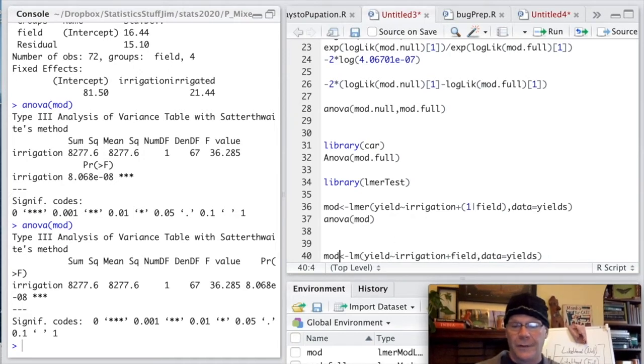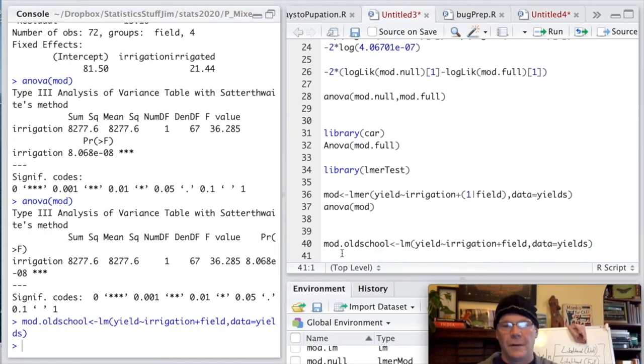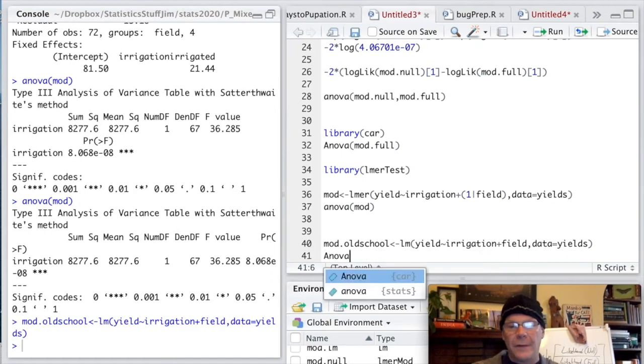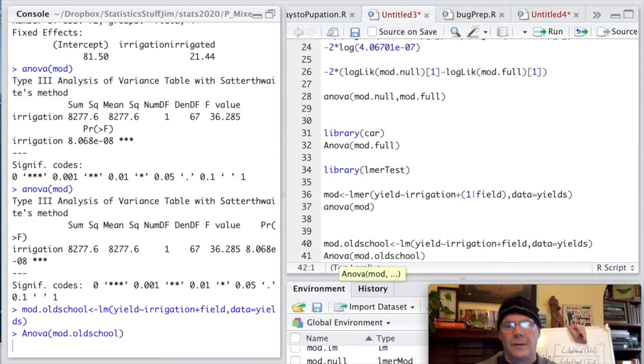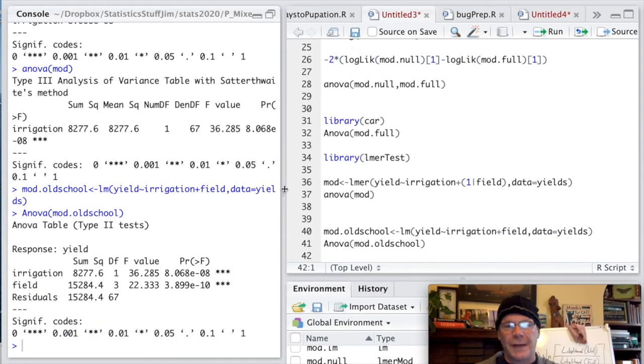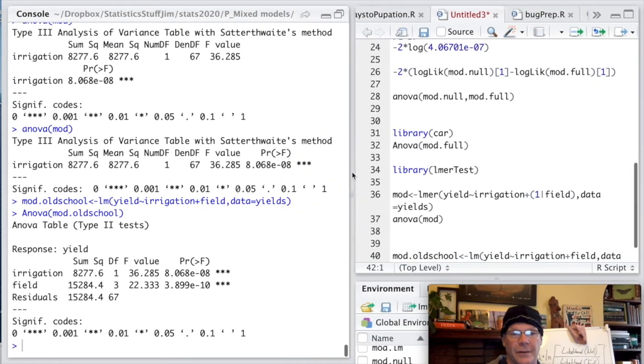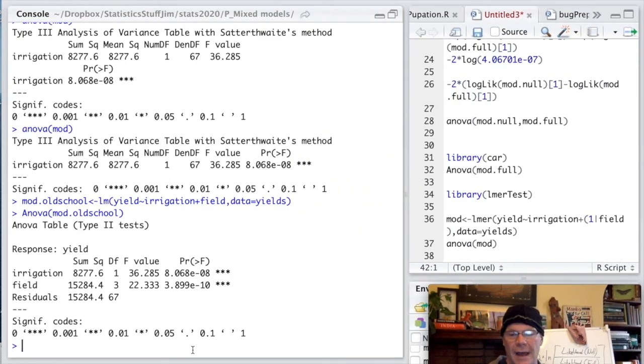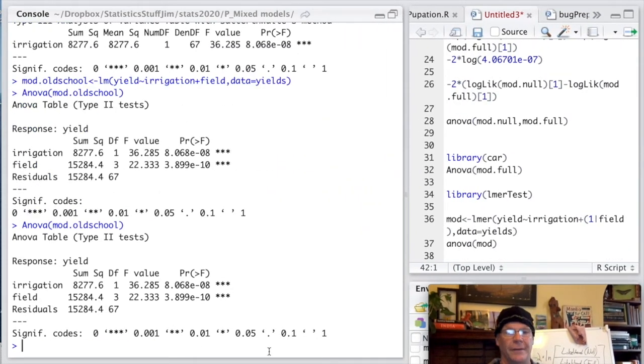And I will call this old school. And with that, we could still do marginal sums of squares. But this is the type of output we would get way back in those days, which is just to put it in there as a fixed effect.